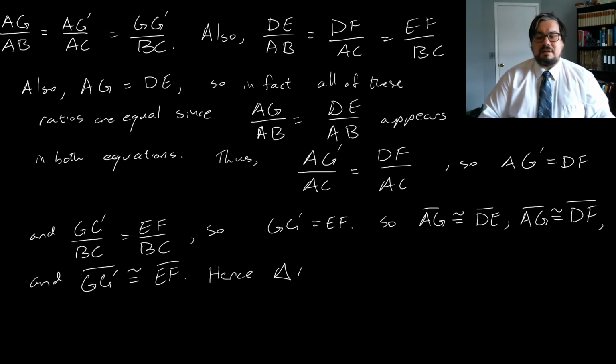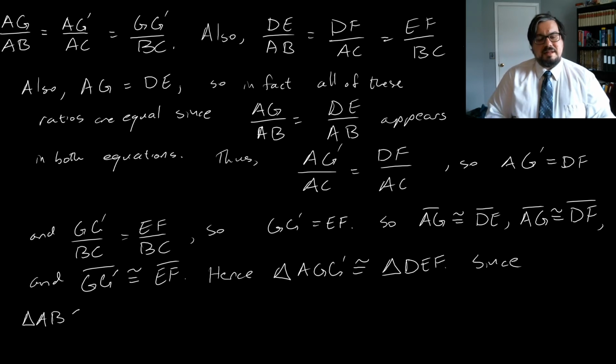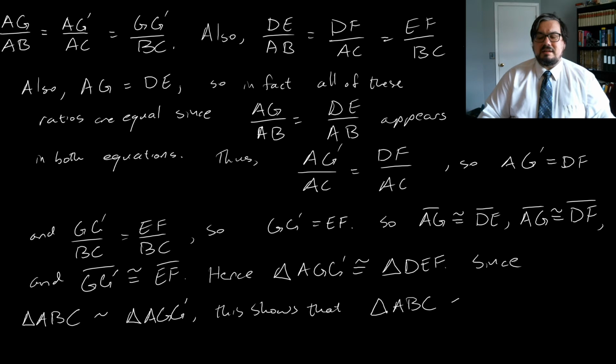Hence, triangle AGG prime is congruent to triangle DEF. And since triangle ABC is similar to triangle AGG prime, this shows that triangle ABC is similar to triangle DEF.